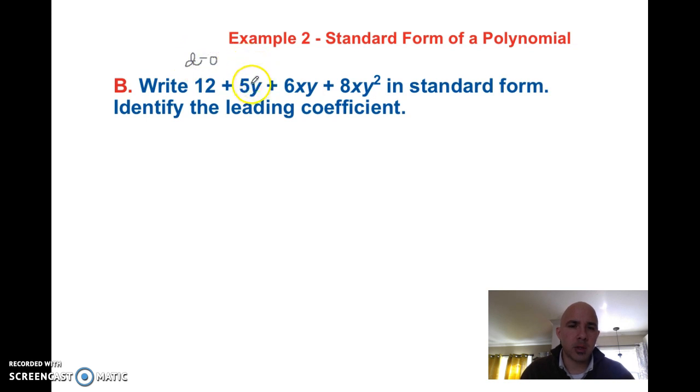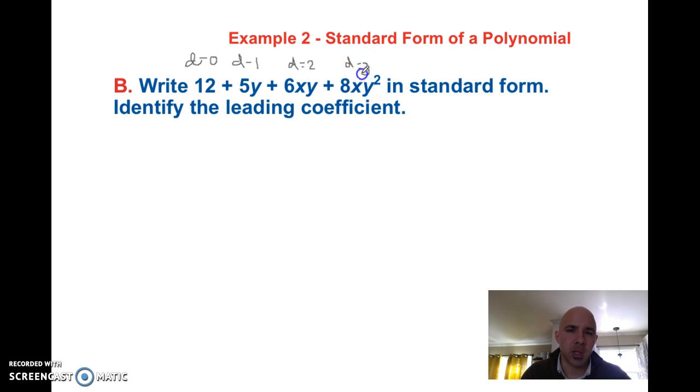In this case, there's one variable with an exponent of 1, so this is a degree of 1. In this case, there's an x and a y. They both carry that degree 1, so this is degree 2. And in this last term, there's one exponent here and 2 more, so it gives us a degree of 3.